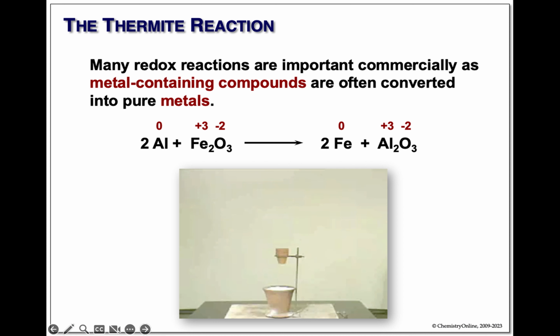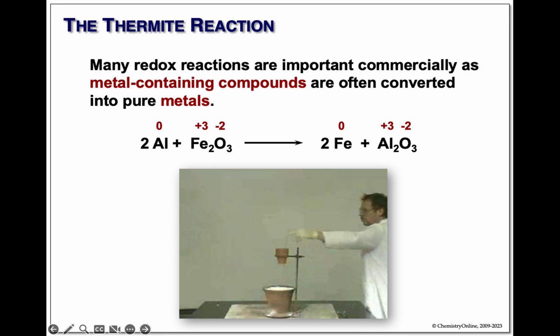Flower pots have a little hole in the bottom, don't they, for water. What we're going to do is take a burning piece of magnesium to start this. Stuff it in here carefully and run away. The reaction will commence. Run away.